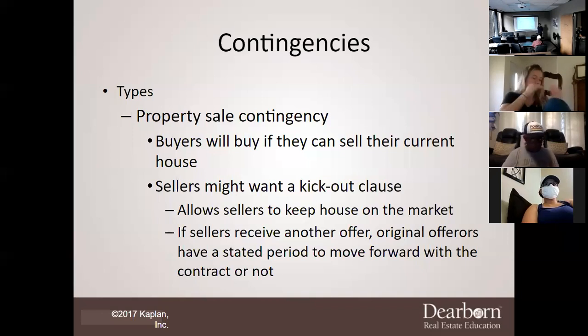So say I'm selling my house and I'm under a contingency contract with a kick-out clause, and then someone comes by and says, I'll offer you full price cash right now, 2-day close. With the kick-out clause, the seller can say, okay, you have this long to remove the contingency, or we are going with the other offer. So it basically allows the seller a chance to back out if they need to.